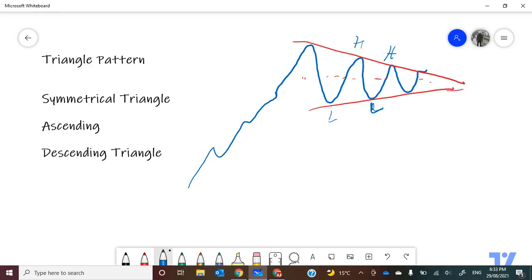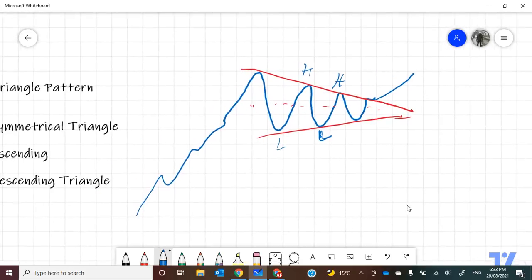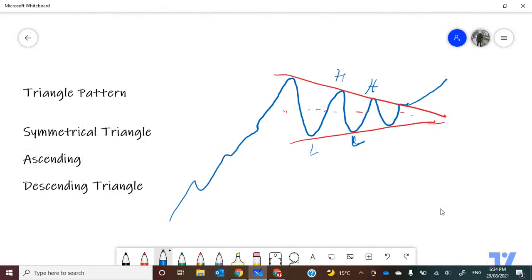So at some point, when we're getting closer to the end of this triangle, the price will break the triangle. So imagine something like this happens, then it goes up, or sometimes it can just go down.